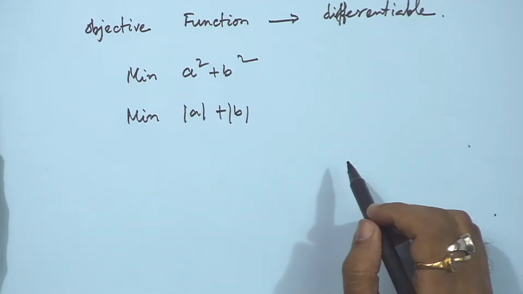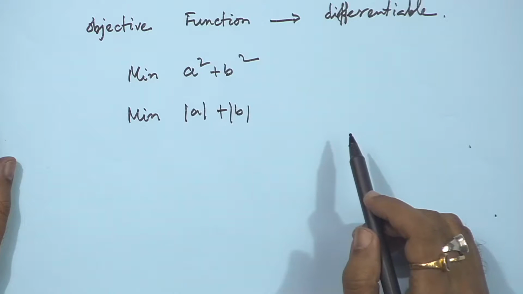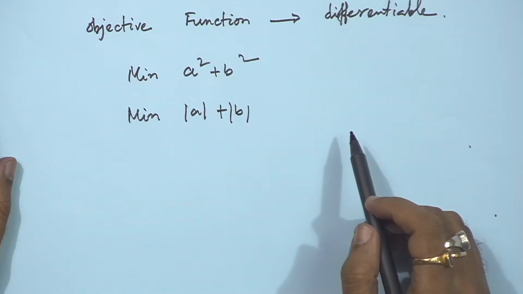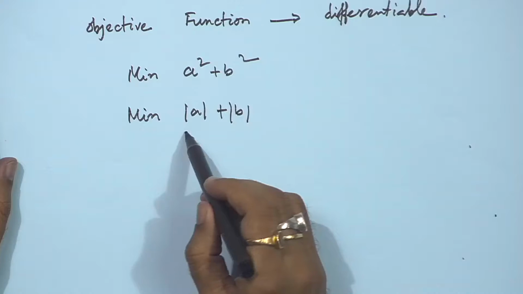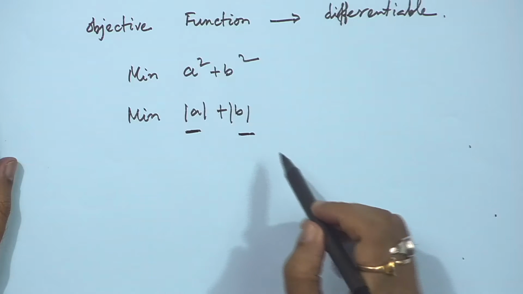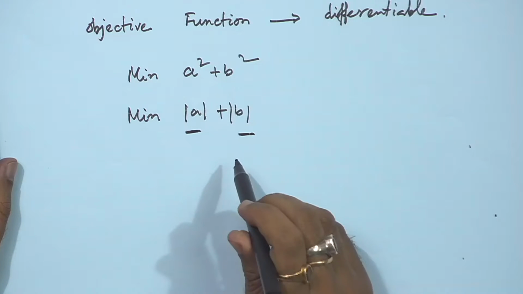But what is the problem? Differentiability is a problem for this modulus function. So, formulation is important for any optimization problem. You have to create your objective function such that you can solve it using a certain algorithm.